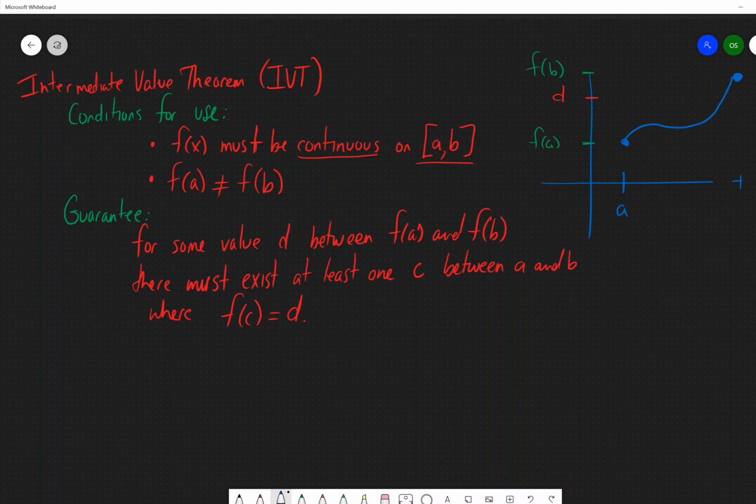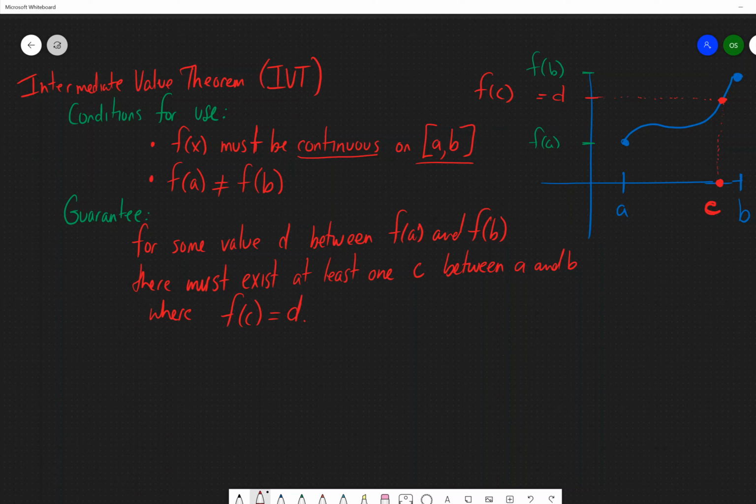So let me fix that right now. So that's B. So now if I follow along, oh yeah, here's the C value, so that f of C would be D.